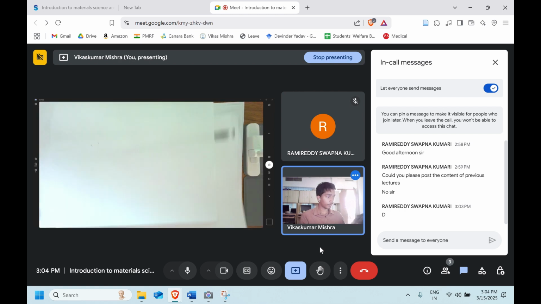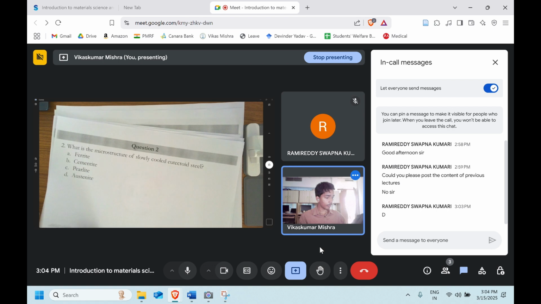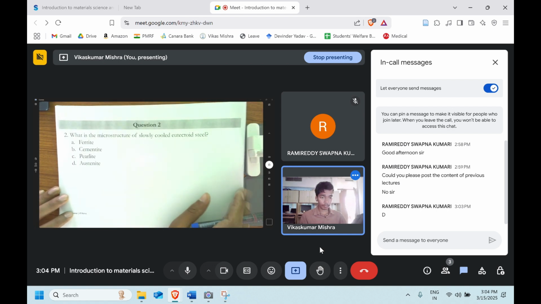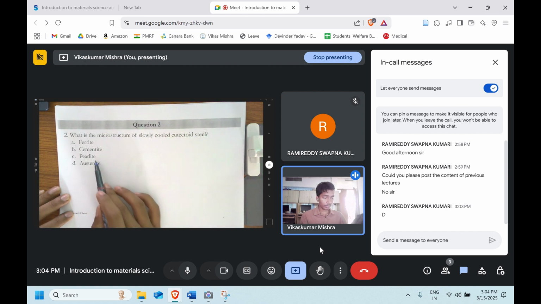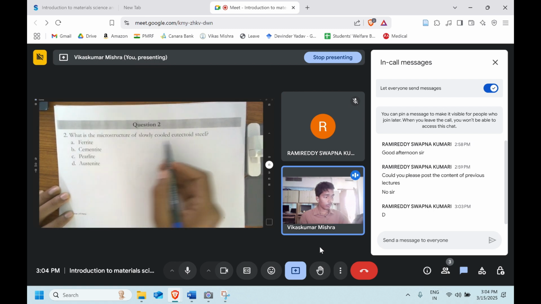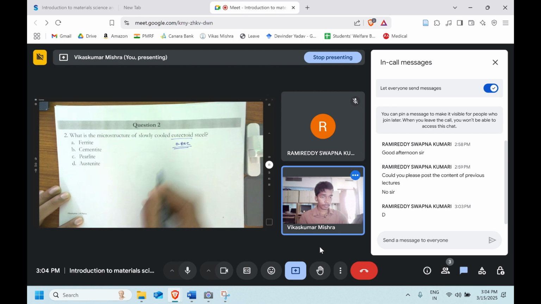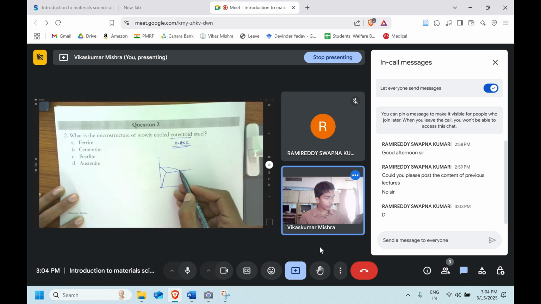Question number 2. What is the microstructure of a slowly cooled eutectoid steel? Ferrite, cementite, pearlite, or austenite? Slowly cooled eutectoid. Eutectoid means 0.8% carbon. So this is gamma, and this is 0.8% carbon.